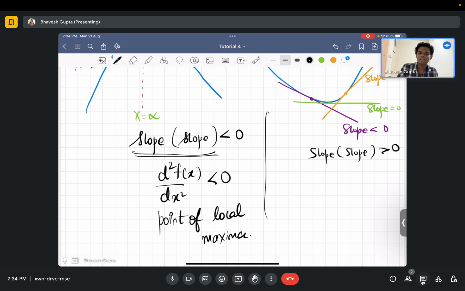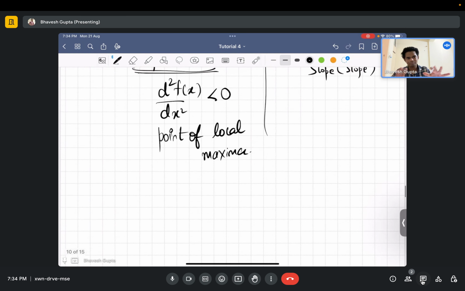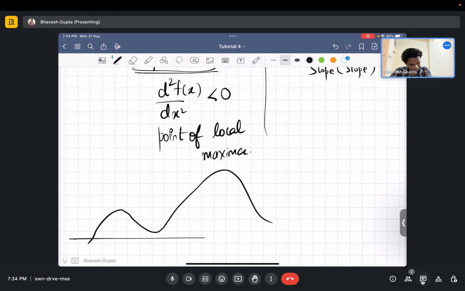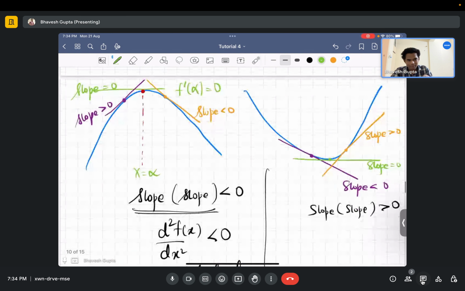We can only say it's a point of local maximum, because you might have a situation like this, in which this is also a point of local maxima, and this is also a point of local maxima, but if you compare them, this local maxima is greater than this local maxima. These local maxima are at different values. So that's why I'm saying this tells you about that particular location.